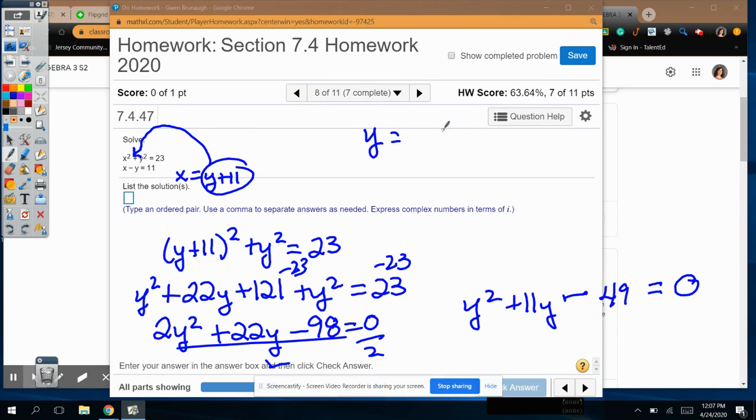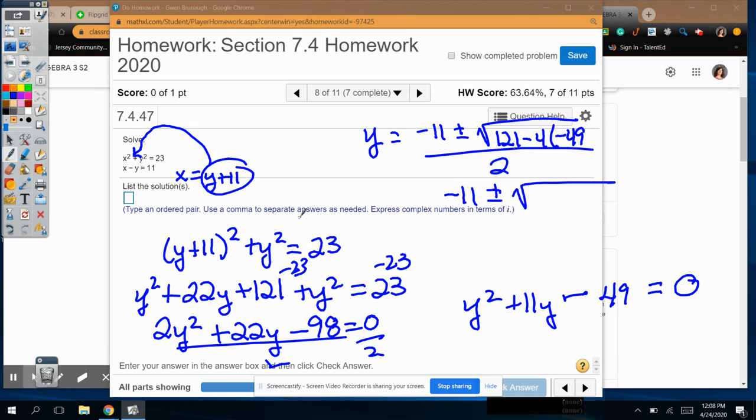Okay, y equals negative b plus or minus the square root of b squared minus 4a times c, which is negative 49, all over 2a, which is 2. Negative 11 plus or minus the square root of 121 minus 4 times negative 49. That's 317 over 2. I'm plugging some numbers here to see if this even breaks down at all.